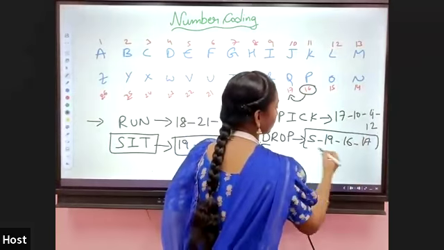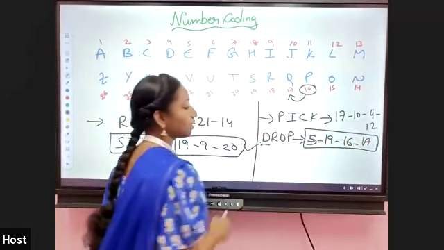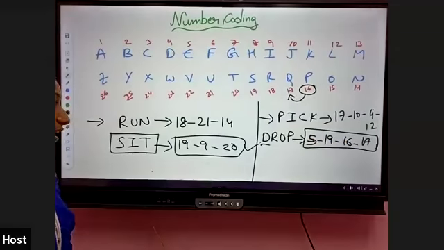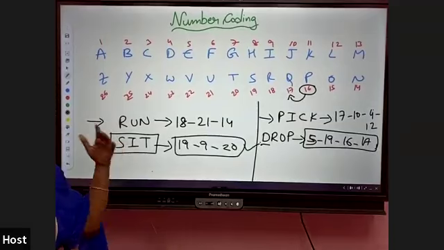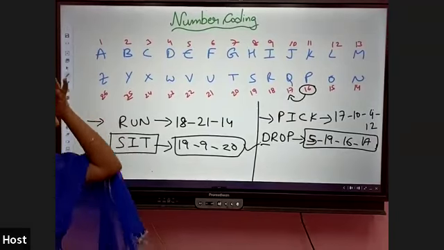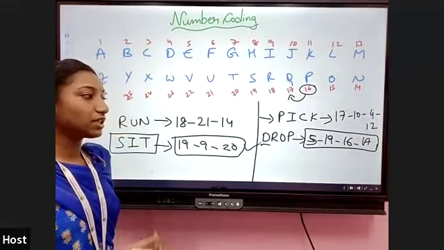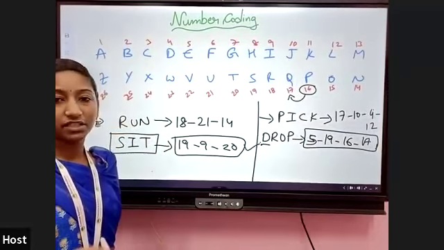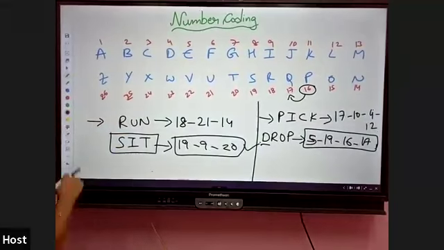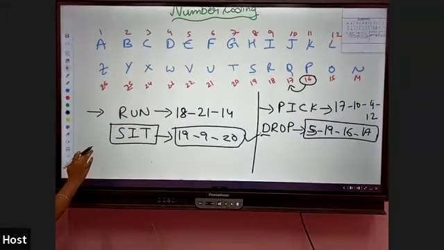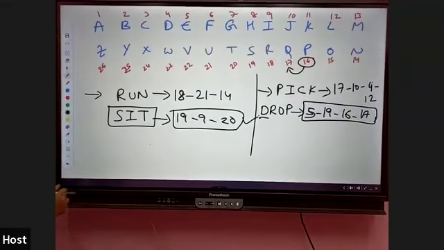So this is the code for DROP. Here the same value of the letter was given, and in another example +1 was given. They may also do -1 or -2. Another example is the opposite letter or opposite number.